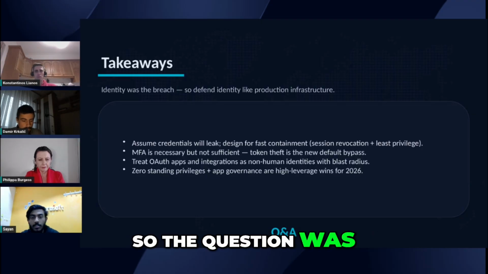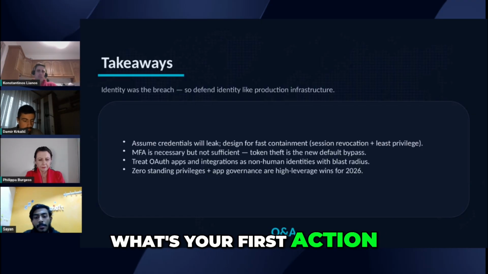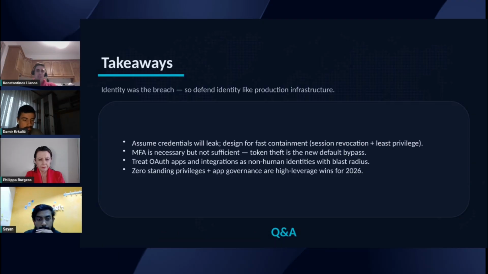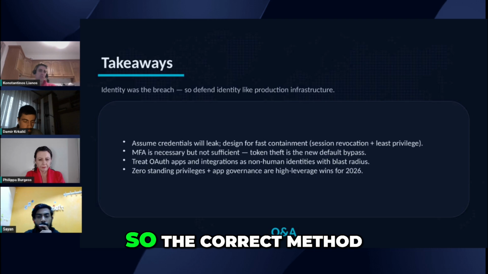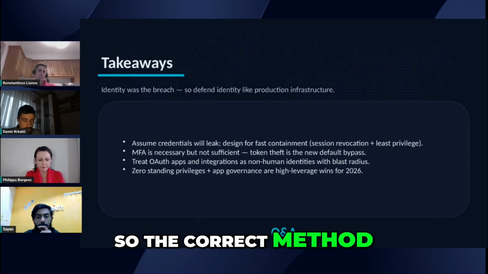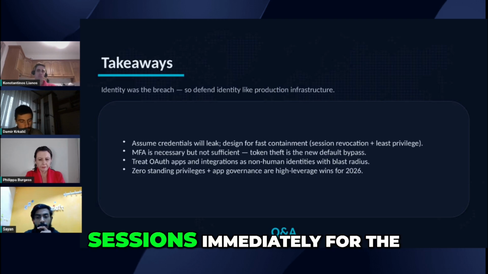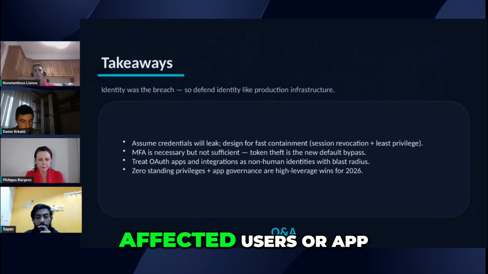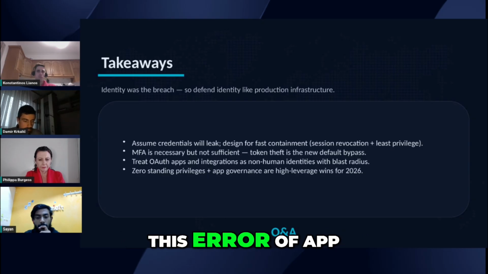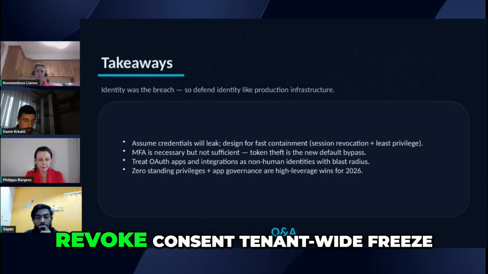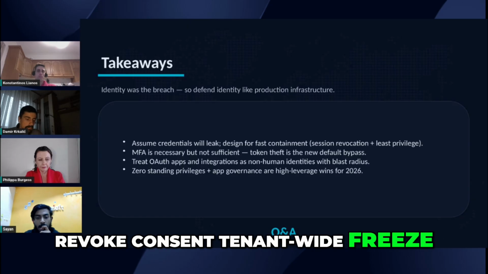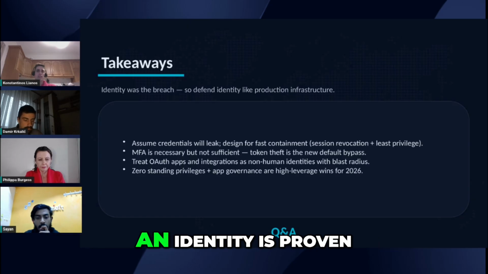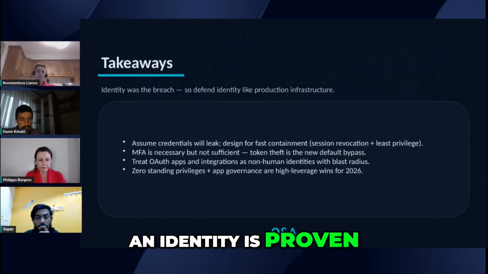Question one: what's your first action? Containment, not investigation. The correct muscle memory is to revoke tokens and sessions immediately for the affected users or app, disable the app, revoke consent tenant-wide, and freeze high-risk accounts until identity is proven.